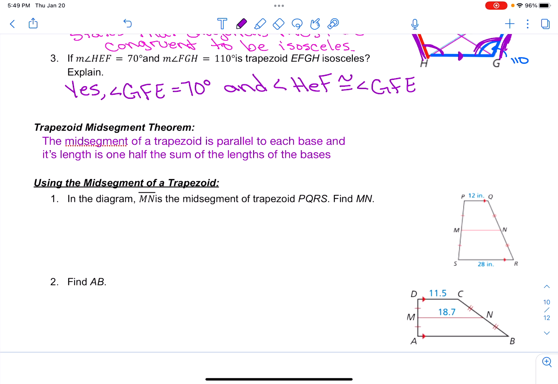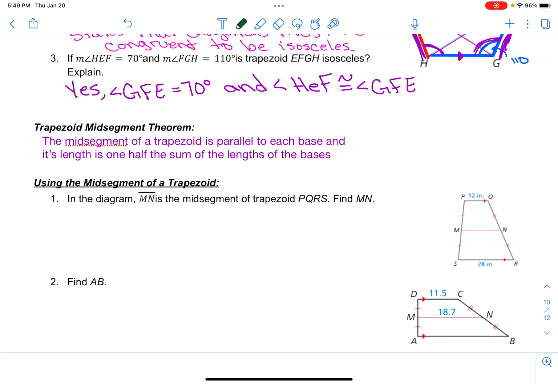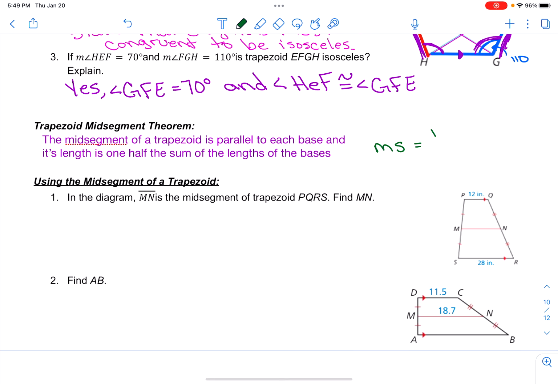So to really see this as an equation, because I feel like that's a little helpful to see what this is actually saying. So the mid-segment, MS, is equal to, in this case, just for you to kind of see it because it works for these examples, I'm going to say top plus bottom divided by 2.